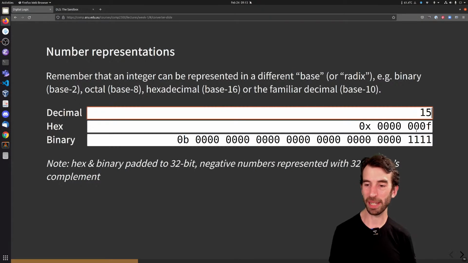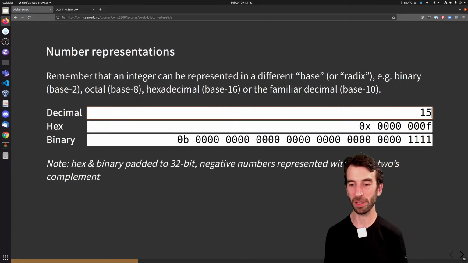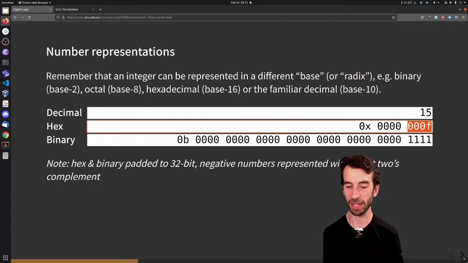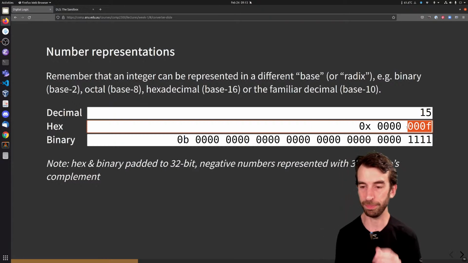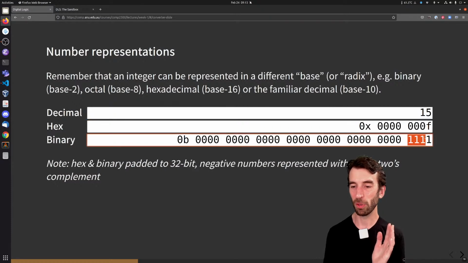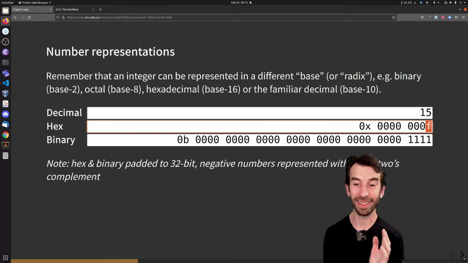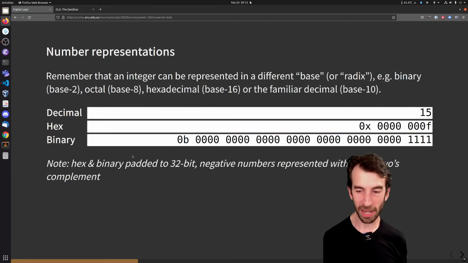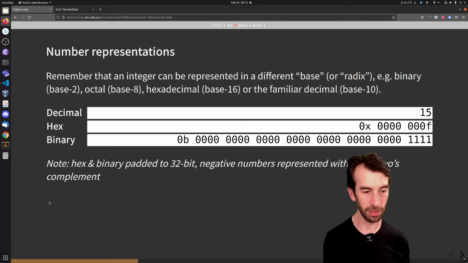And then if we want to represent that in a more convenient way, we often use this hexadecimal notation. The hexadecimal notation is just taking groups of 4 bits and turning them into one single character. So with binary, we go from 0 to 1. With decimal, we go from 0 to 9 in each column. And with hexadecimal, we go from 0 to F.